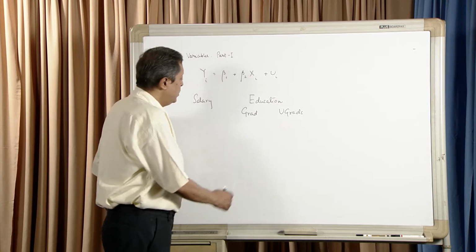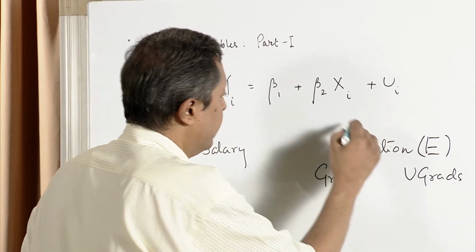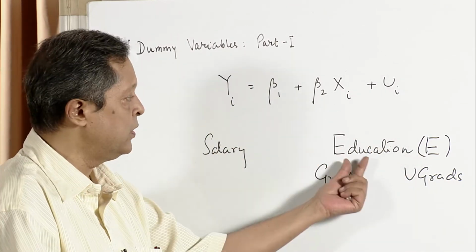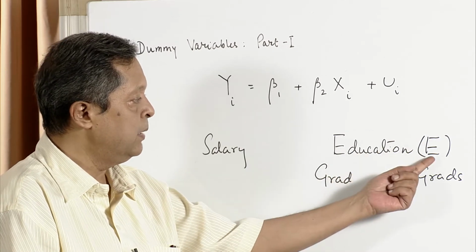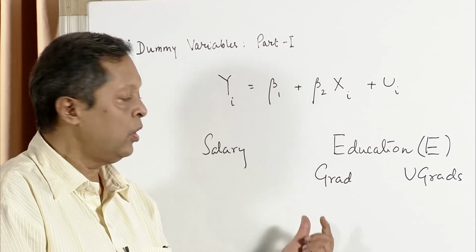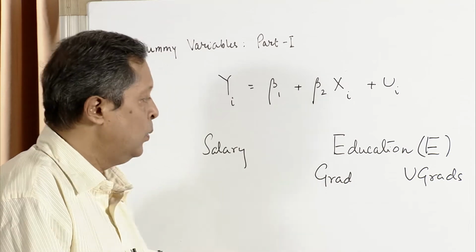Accordingly, we use the variable E in place of x. We could have jolly well denoted it as x, but just because we are writing education, this variable E will replace x.